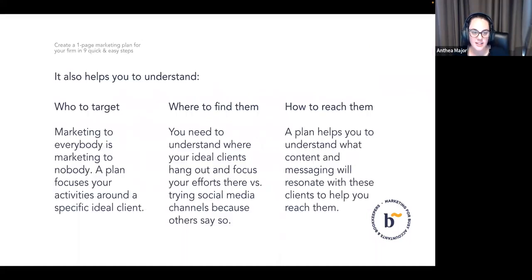Cool. All right, so let's actually start getting into the why of the marketing plan as well. A clear marketing plan helps you understand who you're targeting, where to find those people, and how to reach them, which is ideal world, right? And who is important, because marketing to everybody is marketing to nobody. And I kind of call this scattergun marketing, right?